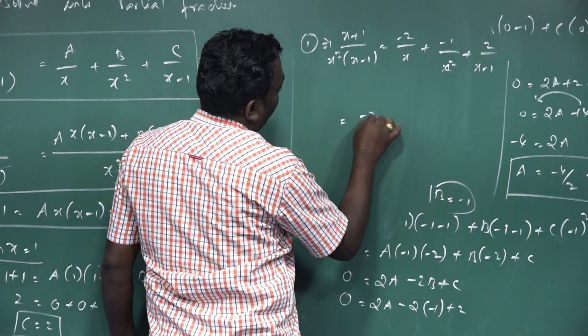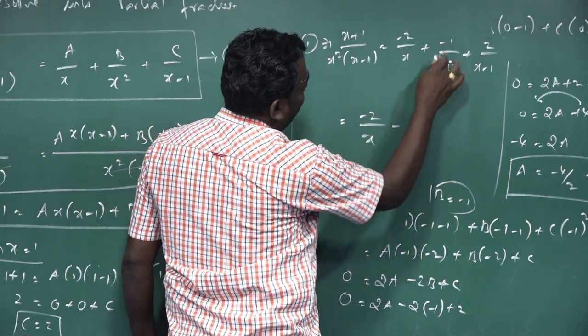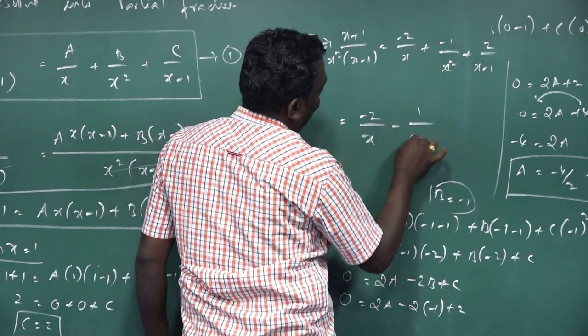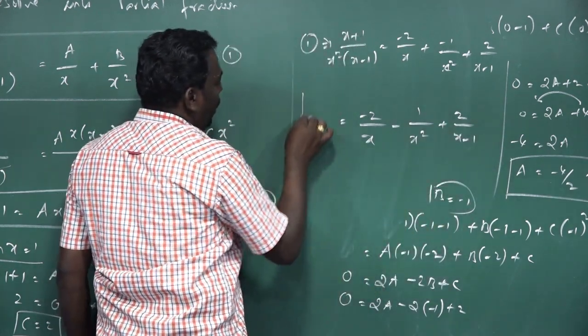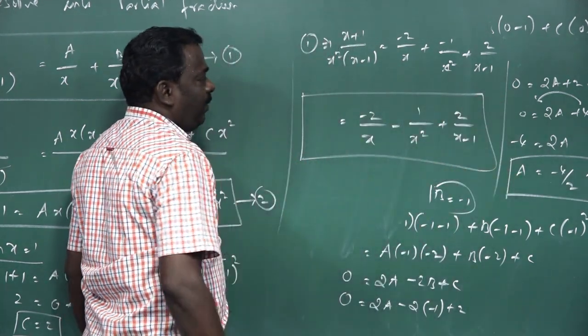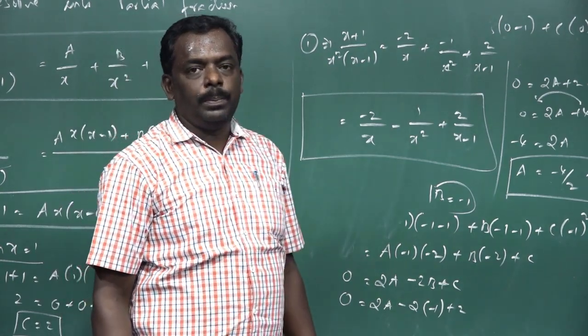Therefore that is equal to minus 2 by x, minus 1 by x square, plus 2 by (x minus 1), and that is the final simplification by applying partial fractions.